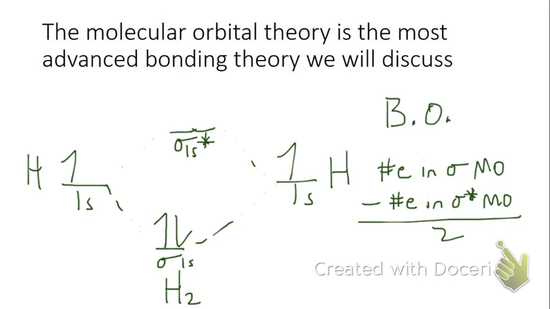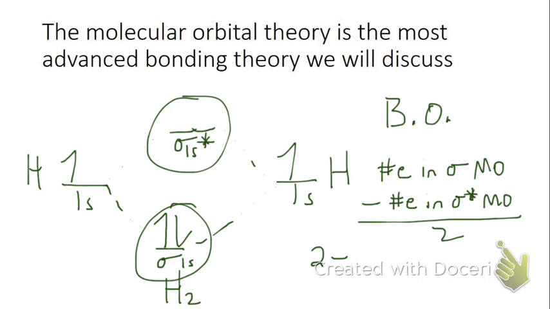So in the case of hydrogen, you have 2 electrons in a bonding orbital minus 0 electrons in the antibonding orbital, divided by 2, and you get 1. Any positive number will bond and will be stable.